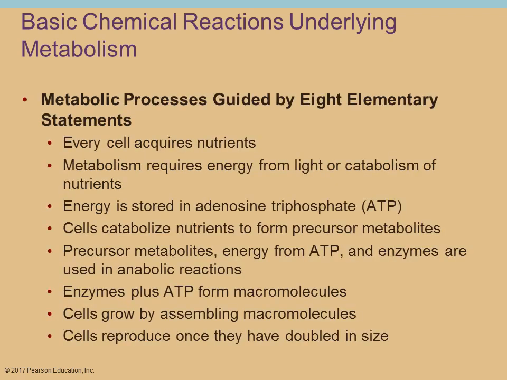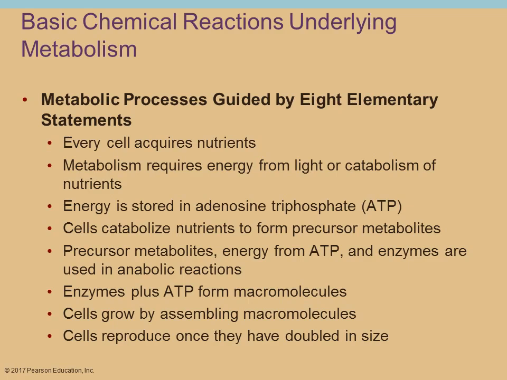There are different principles that the metabolic processes usually follow. Certain standard principles, such as every cell requires nutrients for survival. Metabolism requires energy. It has to get that energy from someplace, either from light or from the breakdown of nutrients. Energy is going to be stored in the form of ATP, which is adenosine triphosphate.